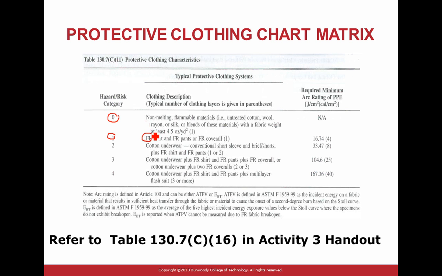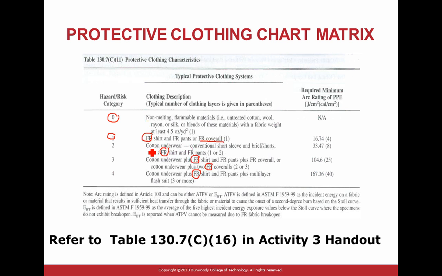You guys have that slide. Now, everything else after that, I want to bring to your attention, is FR, fire rated or arc rated equipment. All of it has to be arc rated equipment after this category. Look at category 1: it says fire rated shirt and fire rated pants, or fire rated coverall.